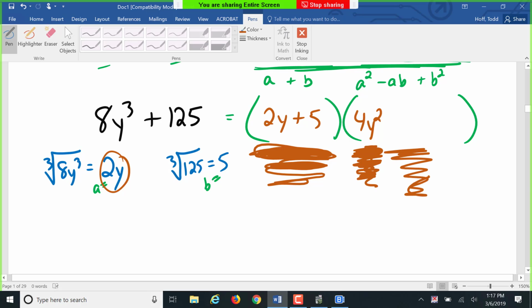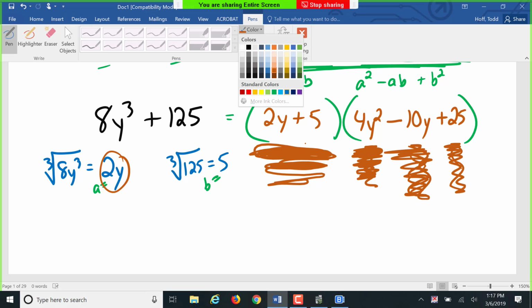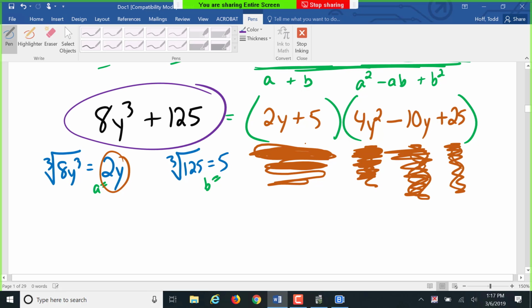Second term. It's going to be minus, and again, 2y times 5 is going to be 10y. Our last term? Plus 25. Very good. So 8y cubed plus 125 factors into 2y plus 5 times 4y squared minus 10y plus 25.